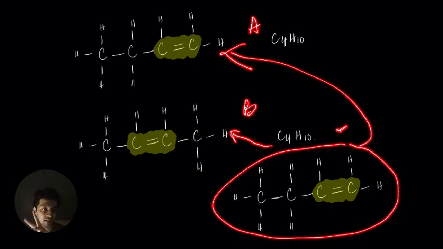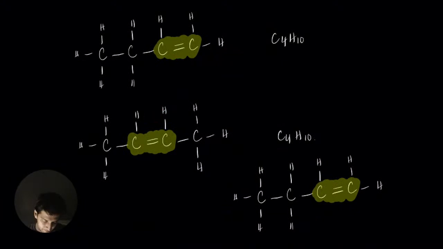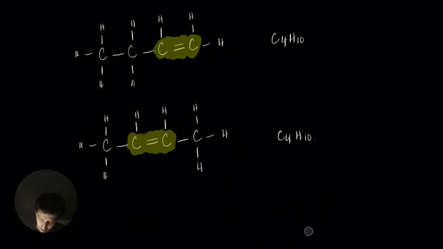So they're fundamentally different molecules, right? Because their structure is different. One has a double bond in the center, one has a double bond in the side. Yes? They're fundamentally the same molecule. All their chemical reactions will be the same because their functional group is identical, right?